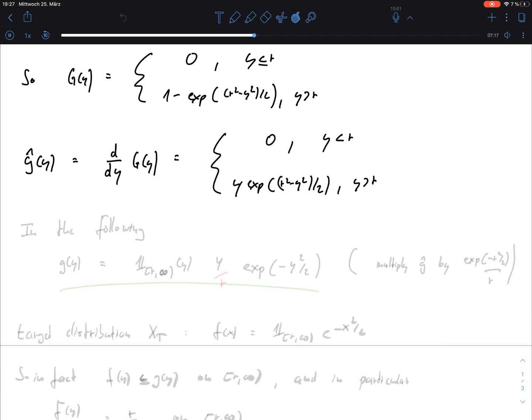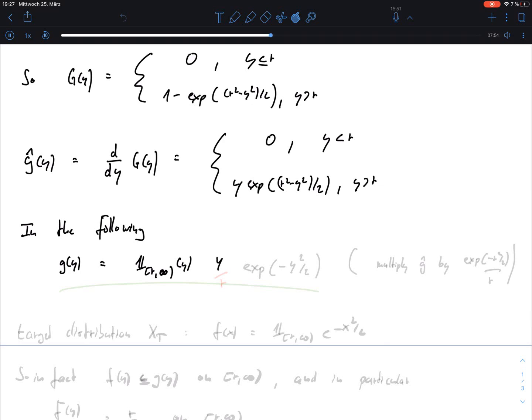The pseudo-density is not uniquely defined because there's no normalizing constant, and in the following we will use this pseudo-density g of y, and the indicator function, which we need because the density is 0 if y is less than r, and then we have y.